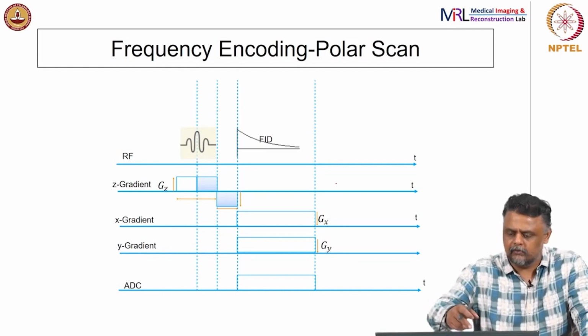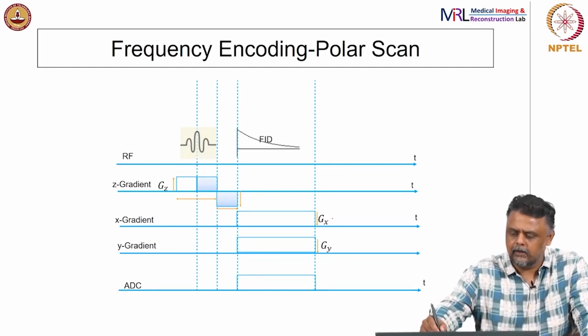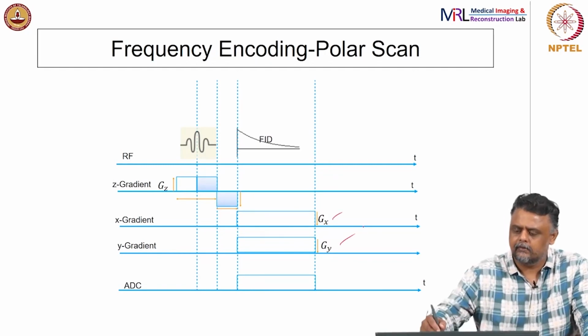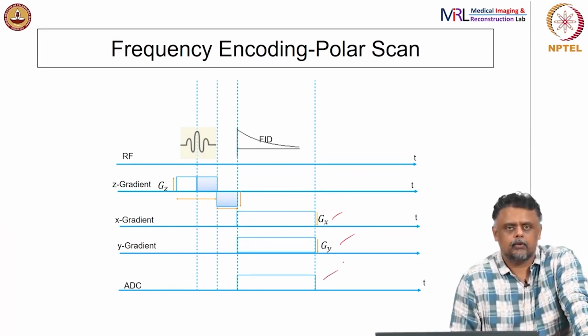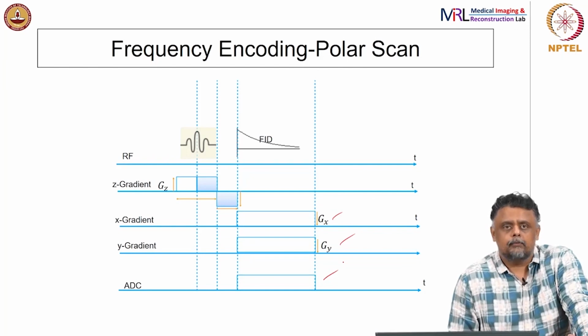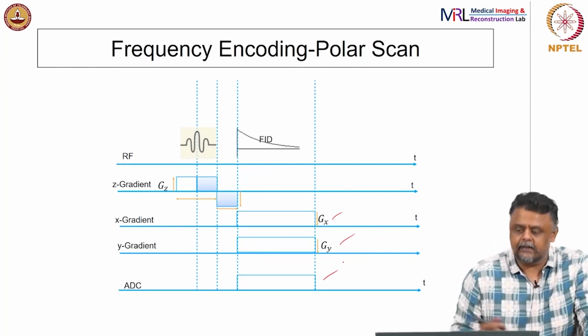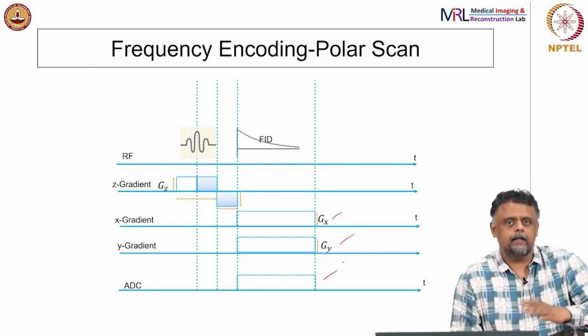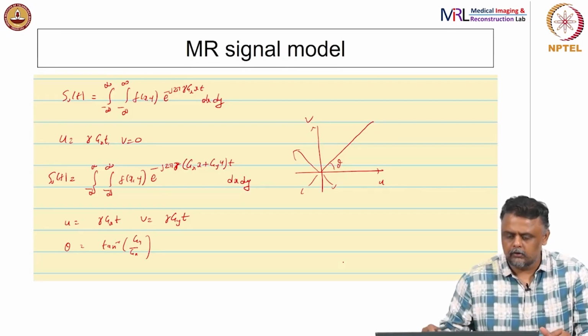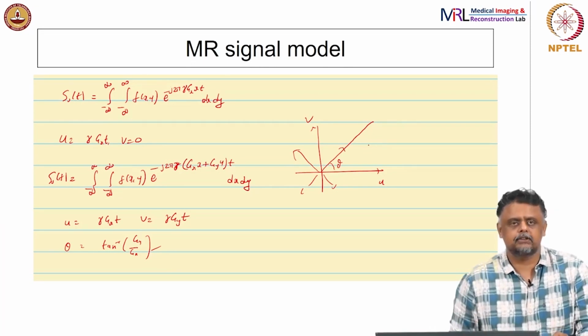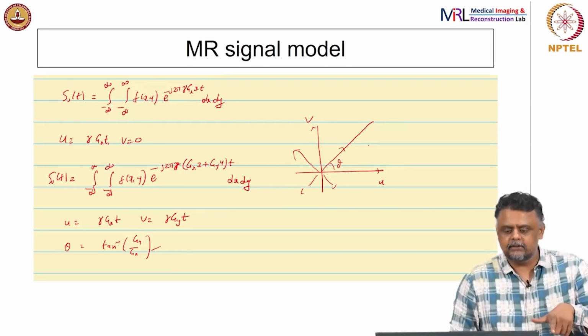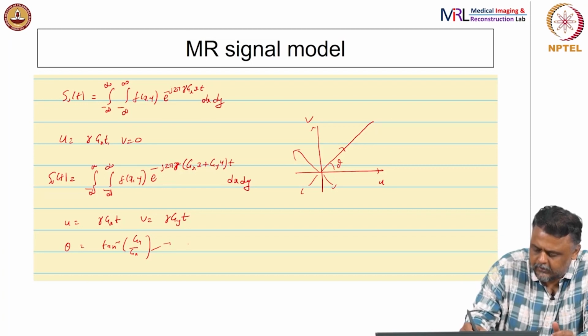This is what is shown here. Everything else remaining the same, x and y gradients are turned on simultaneously, and of course, you do the ADC acquisition as a function of time. Okay. And of course, we keep changing the strength of Gx and Gy to get different angles, right. So, the theta, the angle at which you scan, is given by the strength of Gx and Gy.